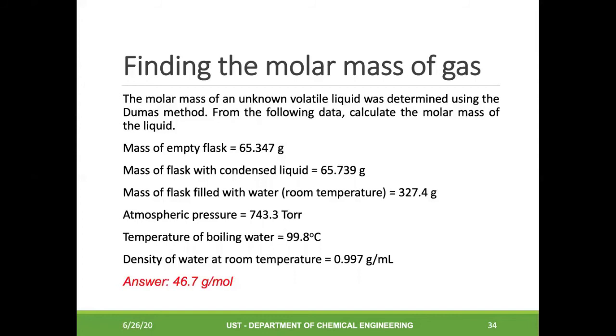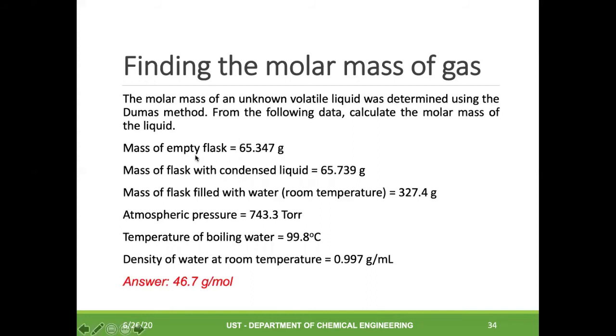In this method, the liquid is placed in a small container, let's say a Dumas bulb or flask, and then vaporized by heating to a known temperature above the boiling point of the liquid. As the liquid vaporizes completely, the air in the vessel is expelled and only the vapor occupies the container. The system is then cooled to condense the vapor into liquid. The weight of the liquid is measured and the volume of the vessel is determined.